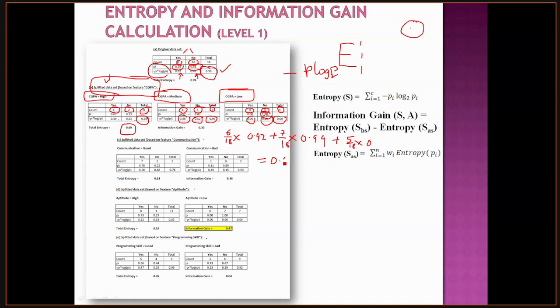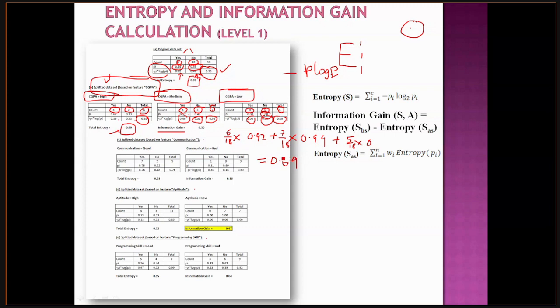You can just check the maths yourself. This is definitely going to come as 0.69. Now, what do I have to do? I need to calculate the entropy gain, or the information gain. When I split, I calculate the total entropy after the split. Before the split, it was 0.99. After the split, it is 0.69.